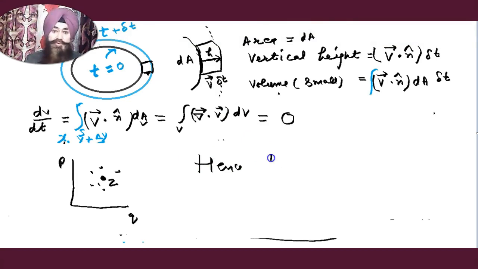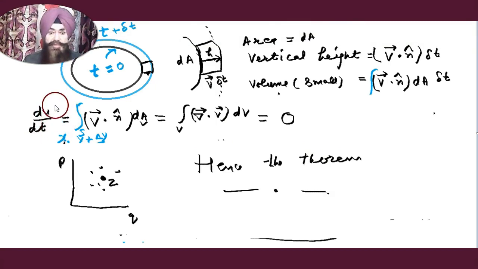And hence the theorem. It implies that the volume of a phase space remains constant. It cannot be changed, and it is not a variable with respect to time. V remains constant.